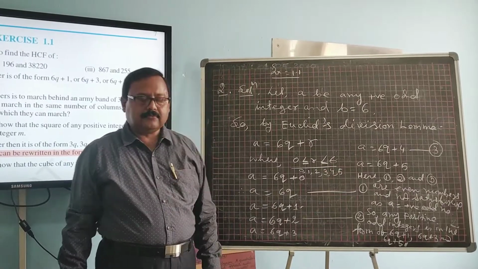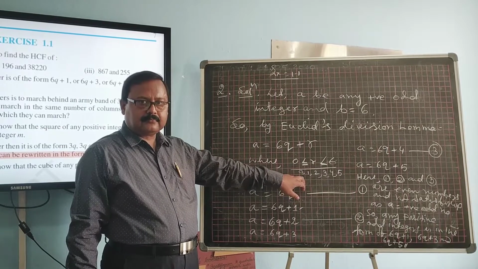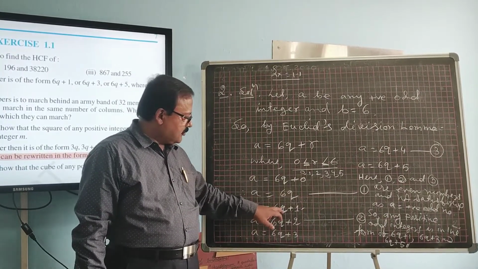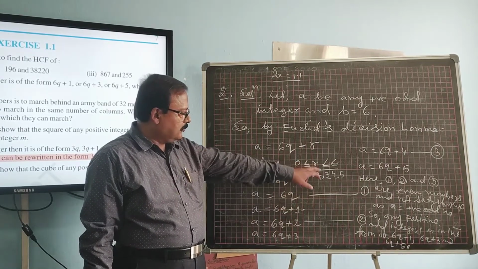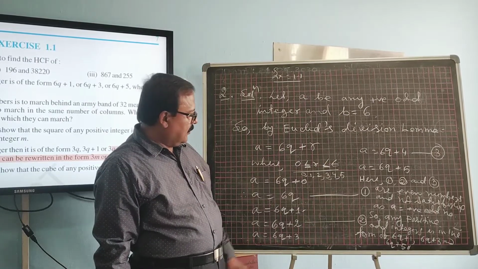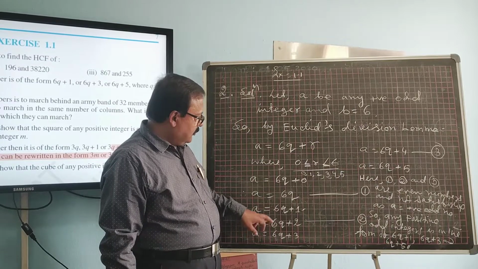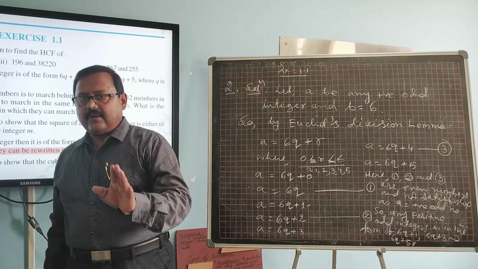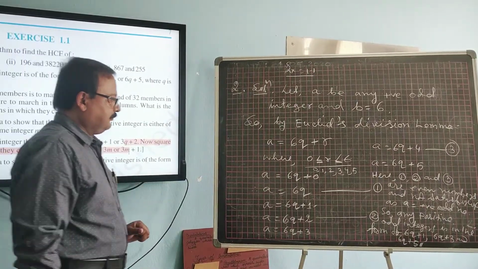Then a equals 6q plus 0, a equals 6q, and a equals 6q plus 1, a equals 6q plus 2, putting the values of r directly. Then we observe that 6q plus 2 and 6q plus 4 are even integers.